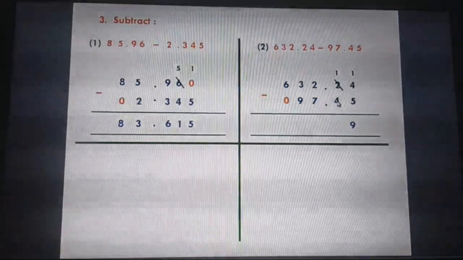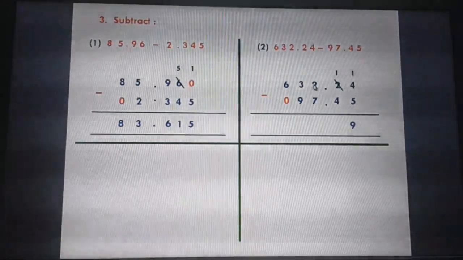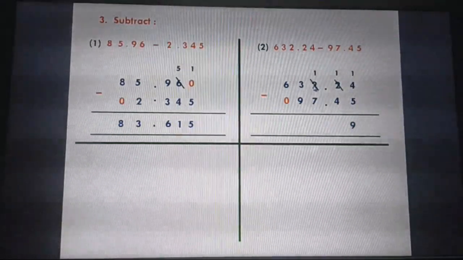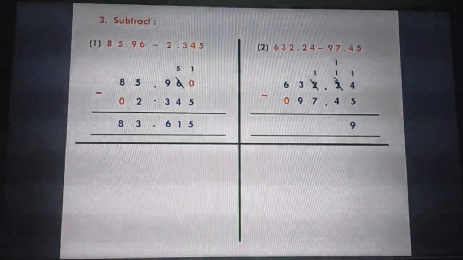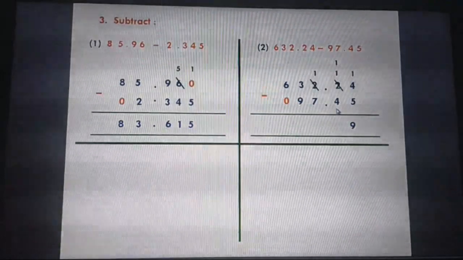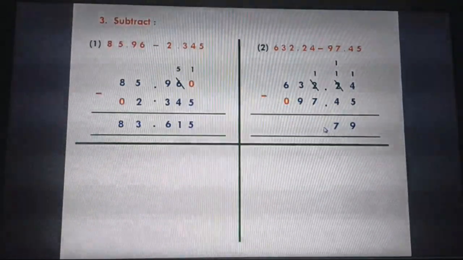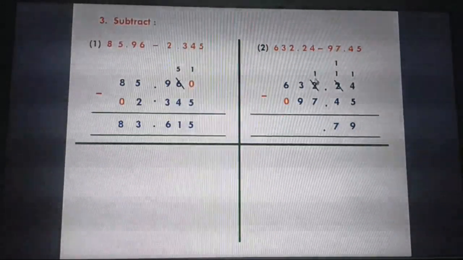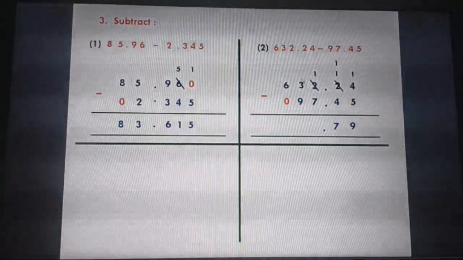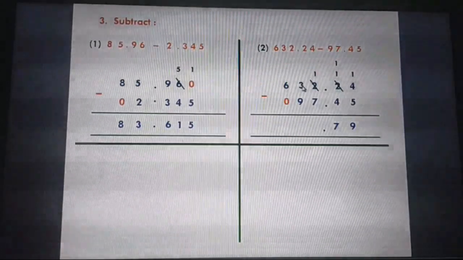Again 1 minus 4 is not possible. Then again I will borrow from here. This will be 1. Now this will become 11. 11 minus 4 equal to 7. Now this decimal will come here. Now again 1 minus 7 is not possible. Again I will borrow from here.